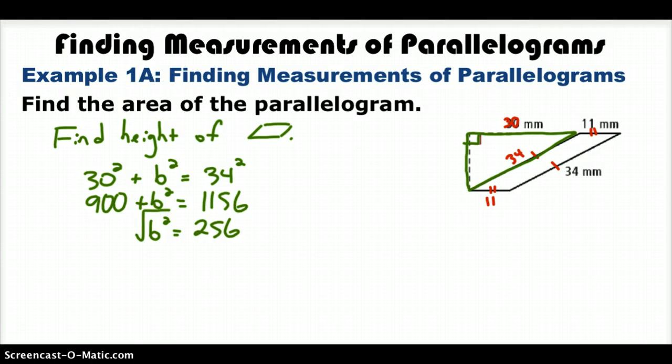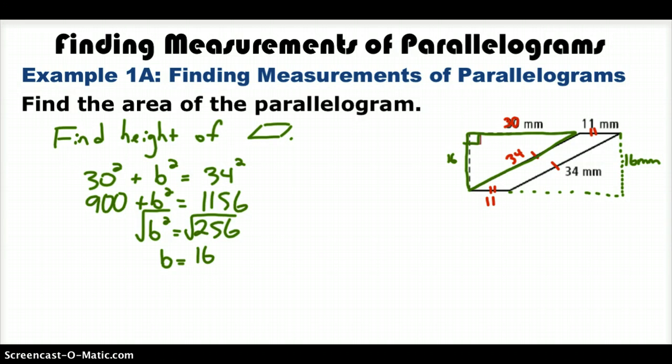Then I'll take the square root of each side to give me that our b value, or this other leg here, is 16. And so again, that is this particular height right here. And so we can conclude that the height of our parallelogram here is 16 millimeters.